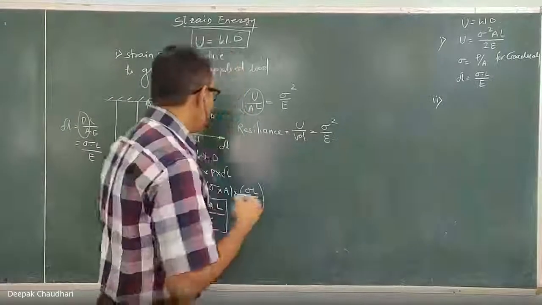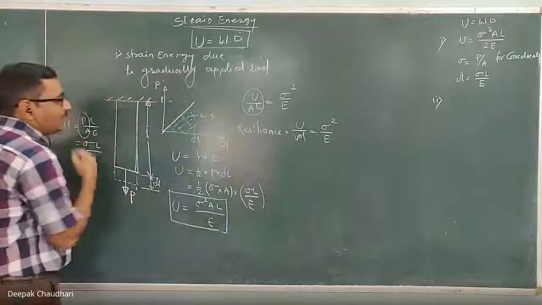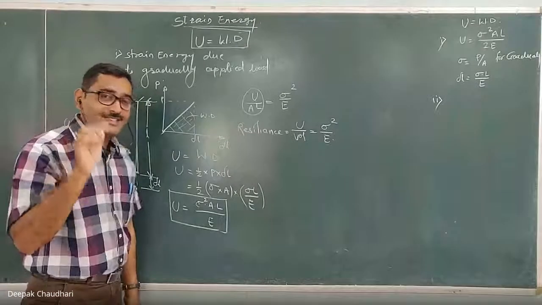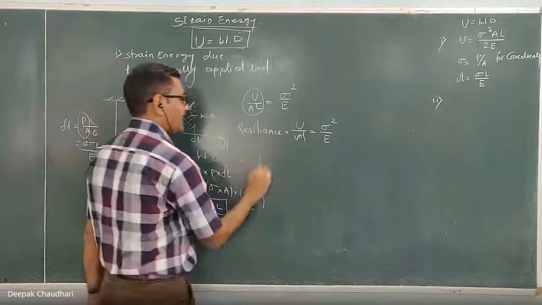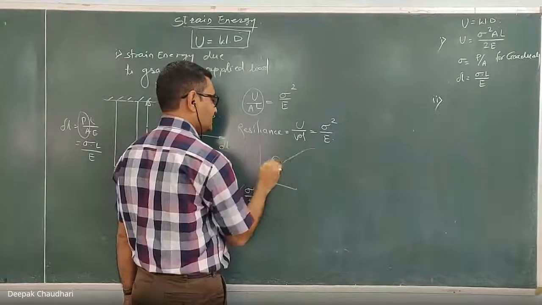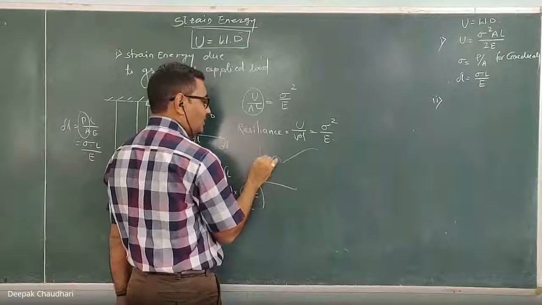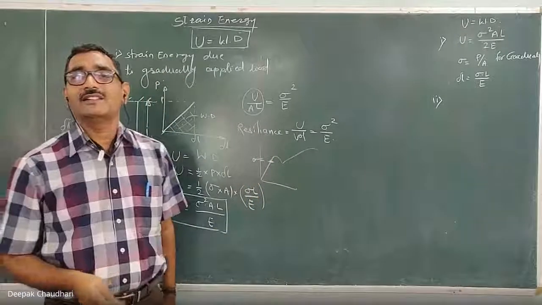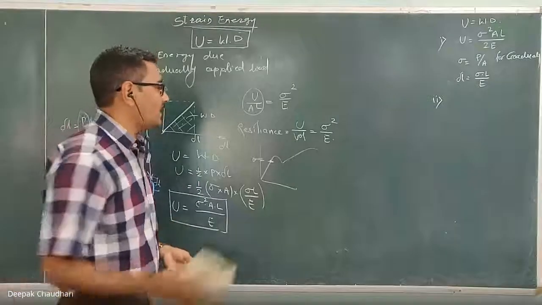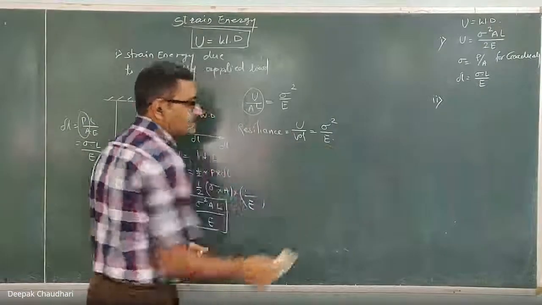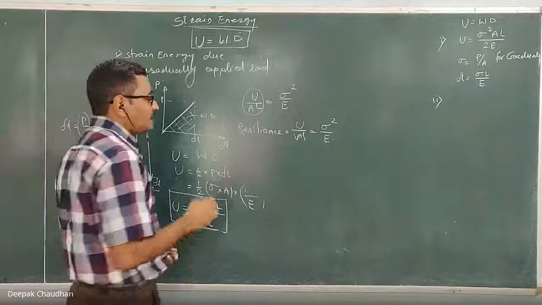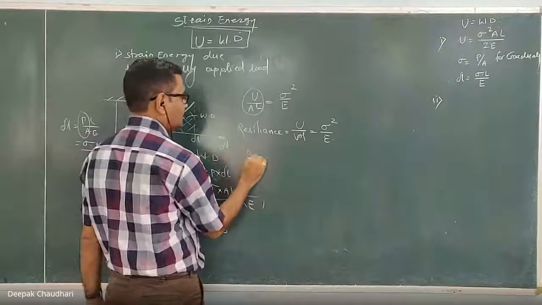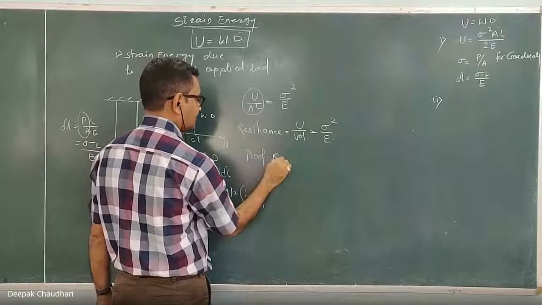So the strain energy stored in the material at the elastic limit, corresponding to this stress value, is known as the proof resilience, which is the maximum strain energy stored at the elastic limit. This is known as the proof resilience.